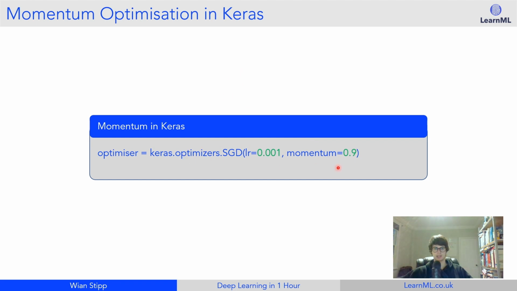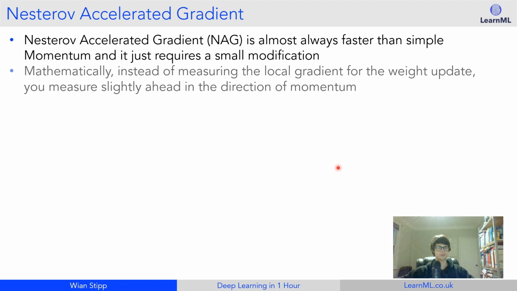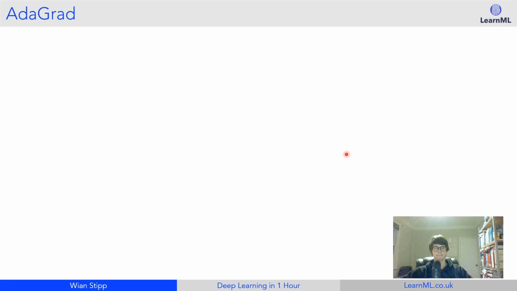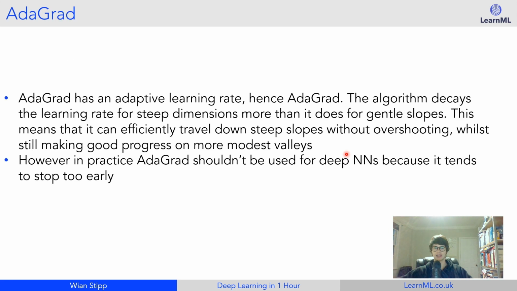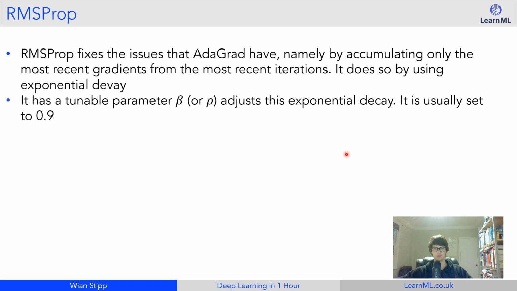So here's an example of momentum optimization in Keras. And Nesterov accelerated gradient is almost always a fast and simple momentum-based optimizer. Adagrad, another optimizer. RMSprop, another optimizer.